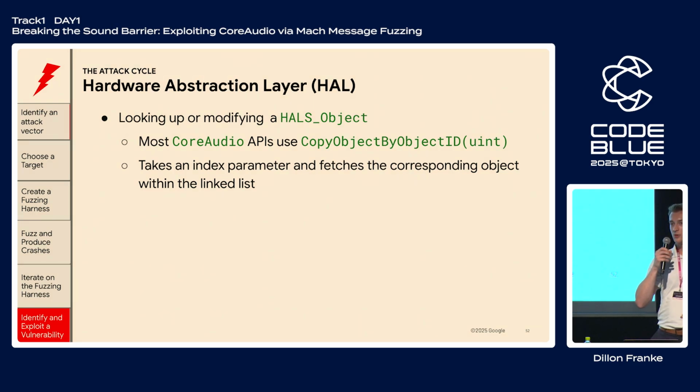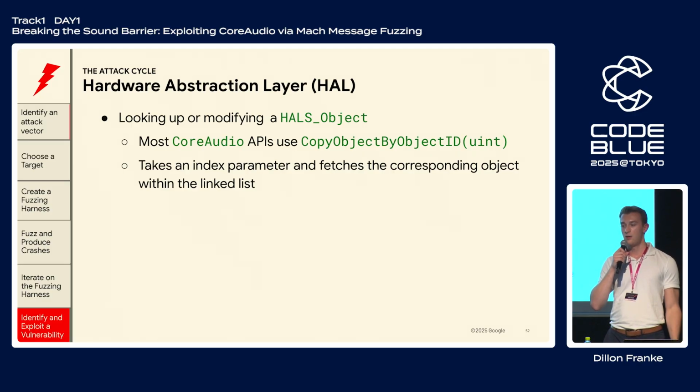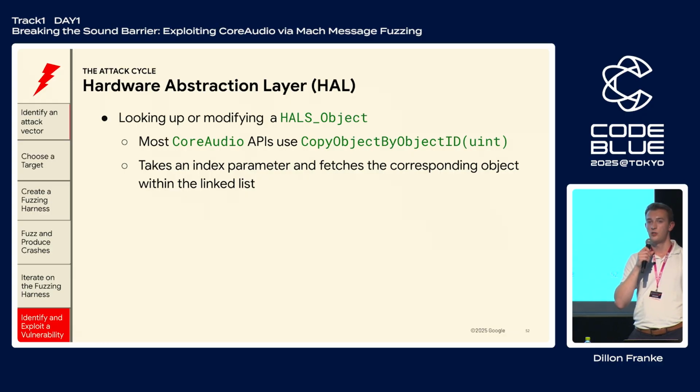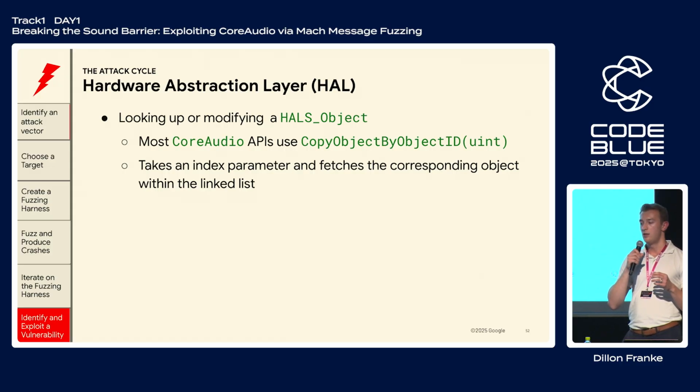One other interesting thing, when looking up or modifying one of these HALS objects that was stored on the heap, most of the CoreAudio APIs use this function called CopyObjectByObjectID, which took in an unsigned integer, and then it was basically used as an index parameter to fetch the corresponding object within the linked list.